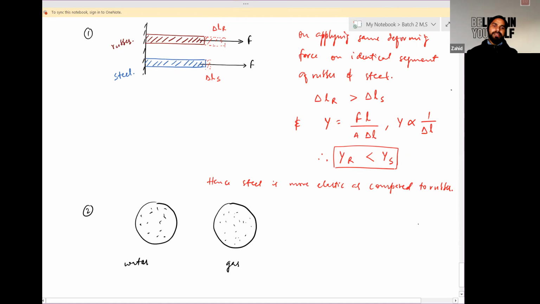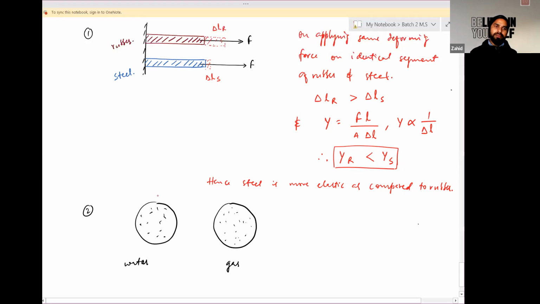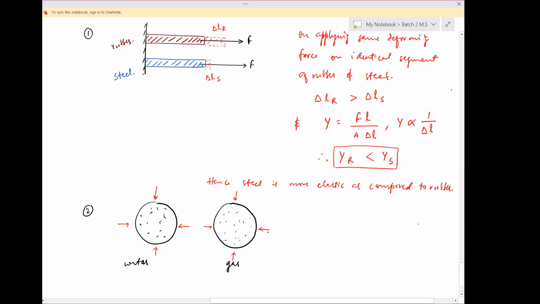So for volumetric stress or hydraulic stress, if you apply the same pressure on both of them, in which of these two are you supposed to get more deformation or change in volume?